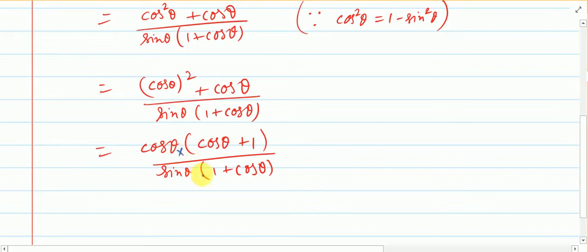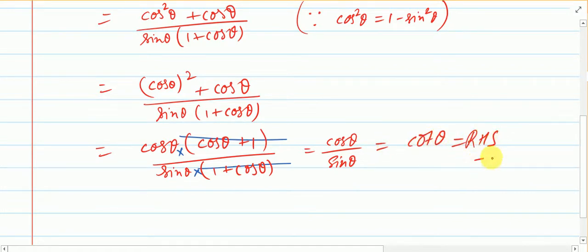Here we have multiplication. Here you can see cos theta plus 1, here also cos theta plus 1 only, so these two will get cancelled, and you are left with cos theta upon sine theta, which is nothing but cot theta, which is your right hand side. It is proved.